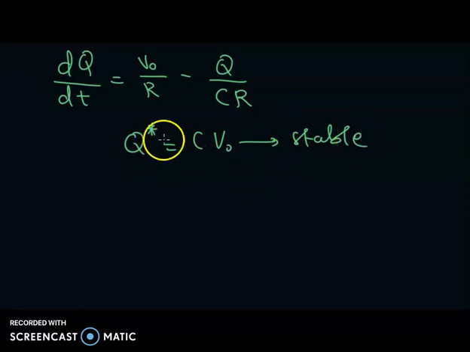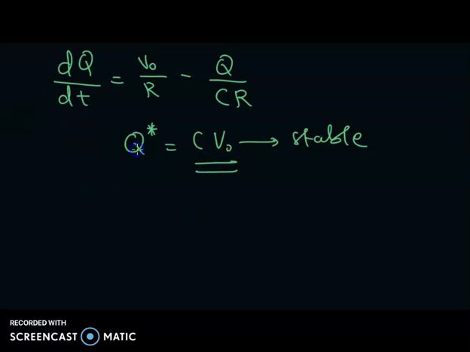So that means that any trajectory that starts near to this will converge to this. We can also see whether this is asymptotically stable. If it is, then the solution will also converge to this. So now let's discuss a bit more.